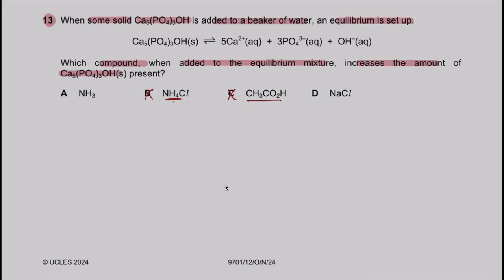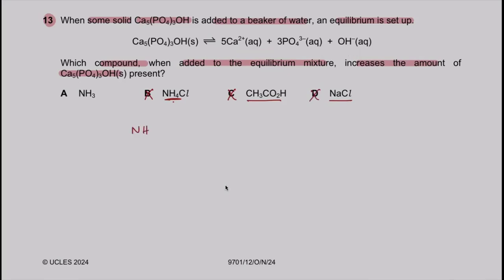Now we are left with A and D, where one is a base and one is a salt. The salt has a sodium ion and a chloride ion, so it is not going to react with any of those. So that is not the answer. So A would be the correct answer.